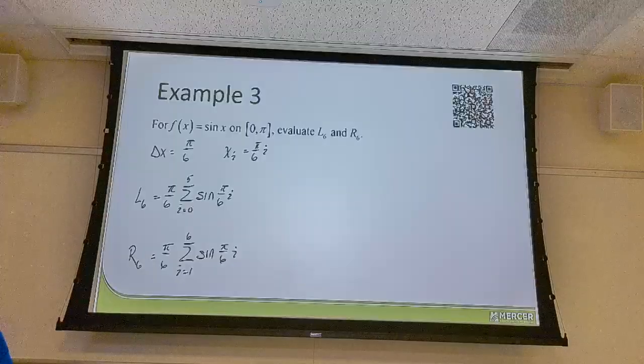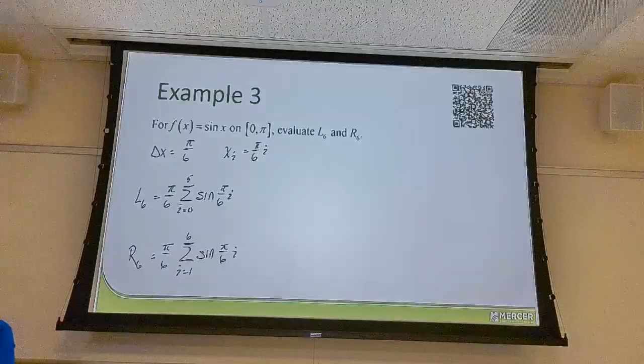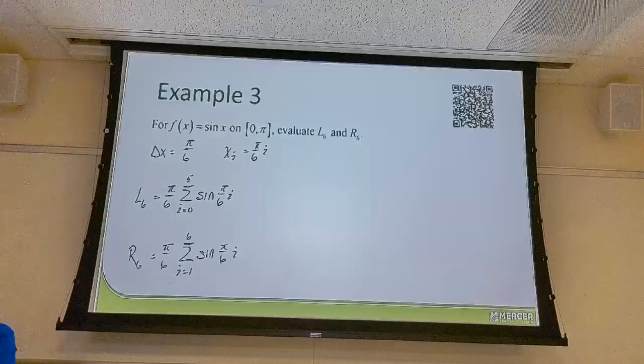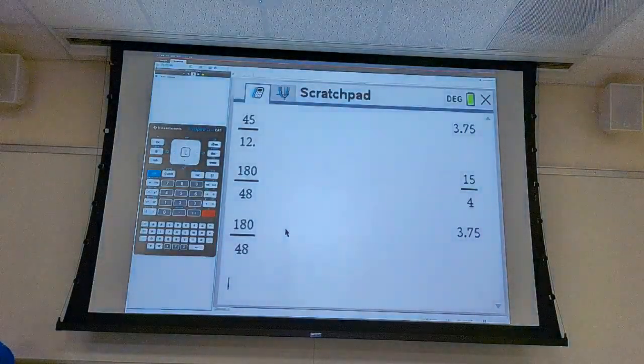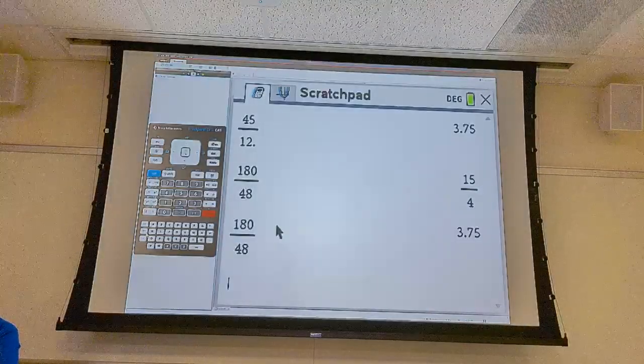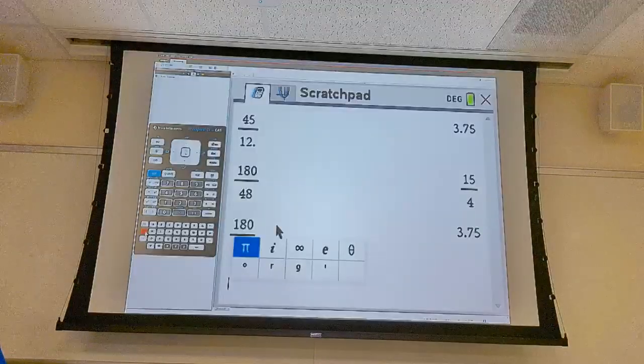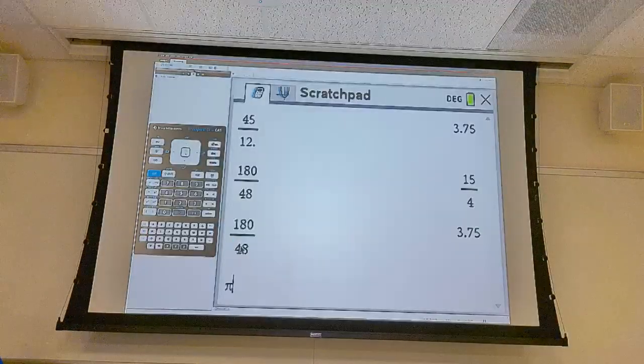So let's see how to do this. Both calculator and Wolfram. Right, so pi is right there. Pi over 6.